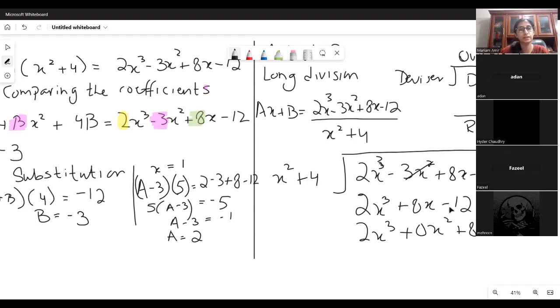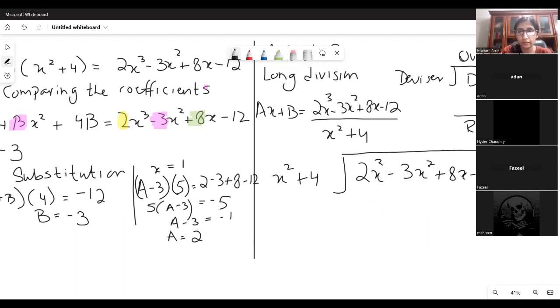Otherwise, it's very likely that you mess up the division. So whenever the powers are not in descending order and a power is missing, you write its coefficient as 0 when you're about to start dividing. It's not the case here, but just keep watch for that. Okay, so this is supposed to be Q.